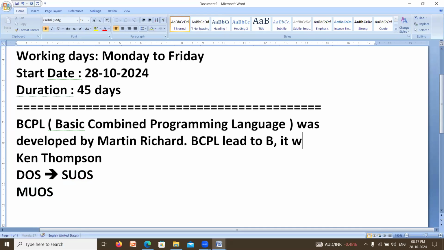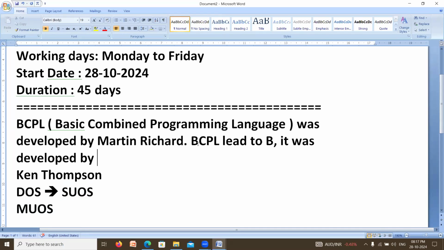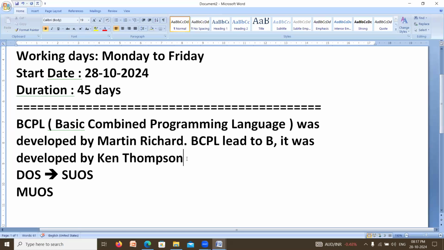Who is the developer? It was developed by Ken Thompson. He is the developer. Why did they develop the B programming language? Their aim is to build a multi-user operating system. By using the B programming language, they successfully built a multi-user operating system and named it Multics.